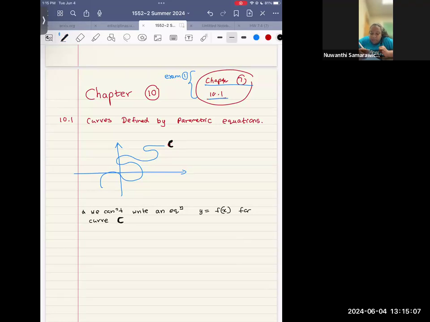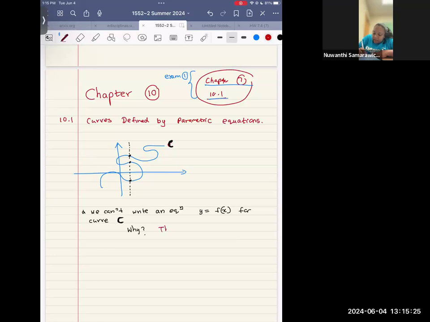If we use the vertical line test, it fails because if you draw a vertical line, it cuts more than 1 point. So then it is not a function. Why?